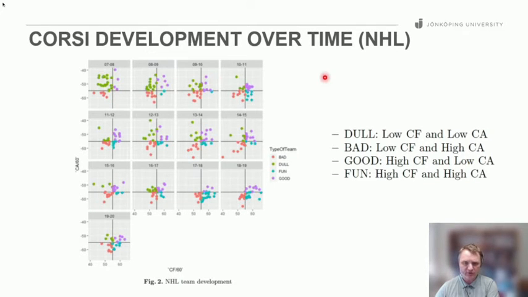This means we start with a lot of dull teams here, and there is actually no team that was categorized as fun. And then we get more and more fun teams. Actually in 2018-19, we don't have a single team categorized as dull. Then there is a small reaction to this in the last year here, 2019-2020, where we again have 3 dull teams.